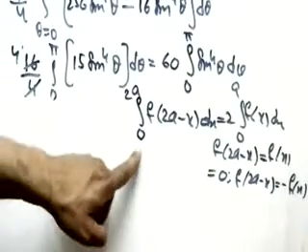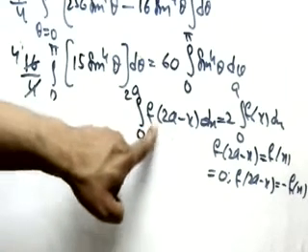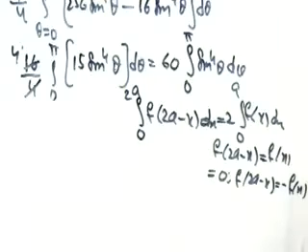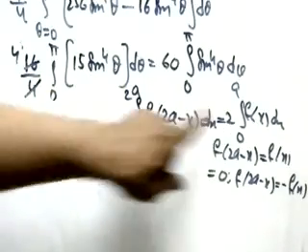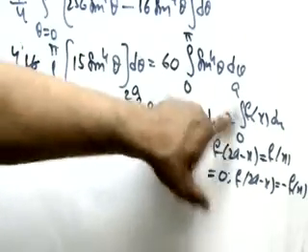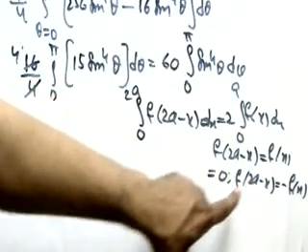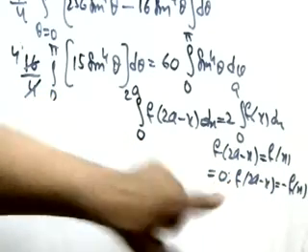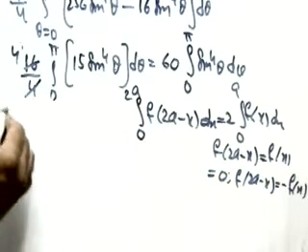Actually, these are the basics of the intermediate. Watch carefully: integration 0 to 2a of f of x dx equals 2 into integration 0 to a, if f of 2a minus x equals f of x, or else if f of 2a minus x equals minus f of x, the value is 0.